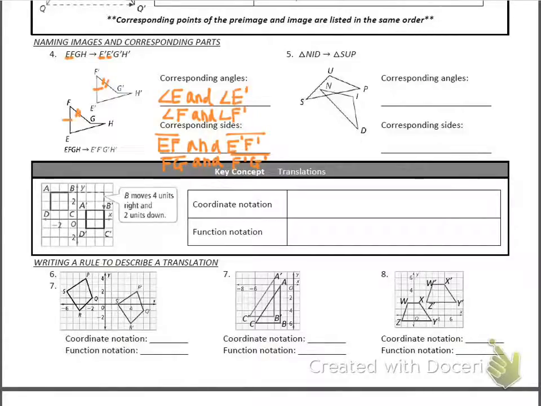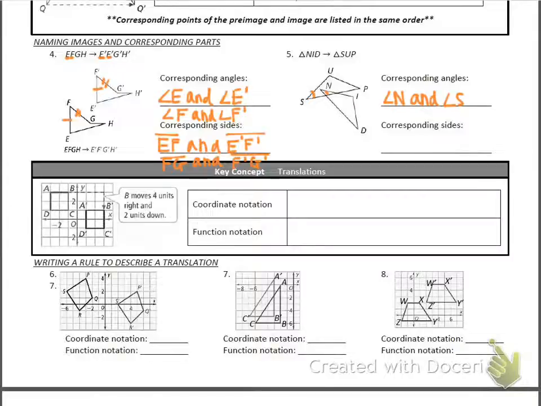Triangle NID is your original or your pre-image. Let's just do angle N. Which angle in triangle SUP corresponds with angle N? Angle S, good. And how did you know that? Who can tell me? Christian, how'd you know? Yeah.